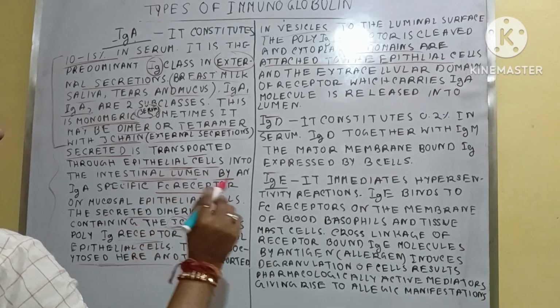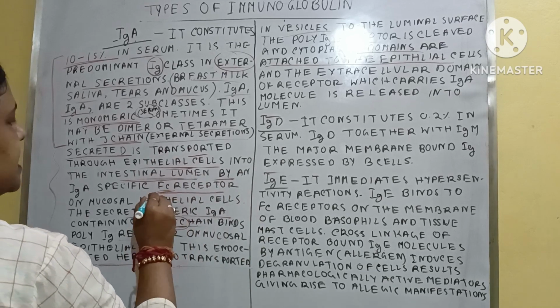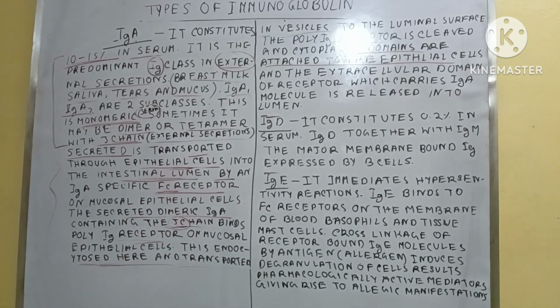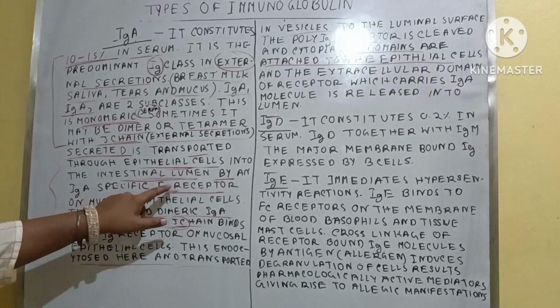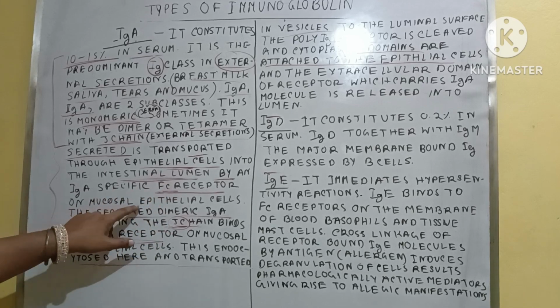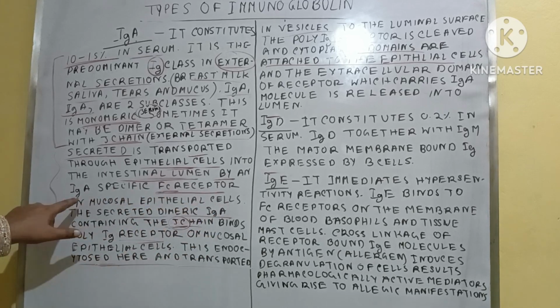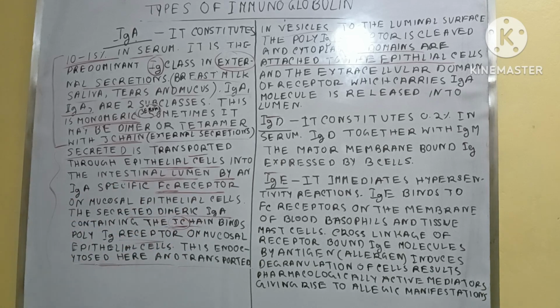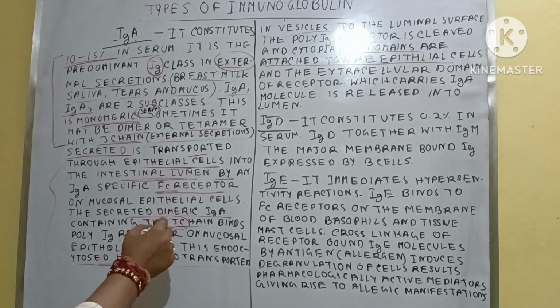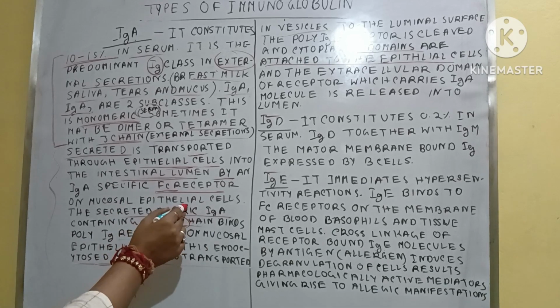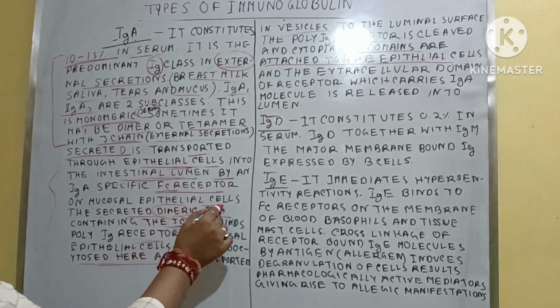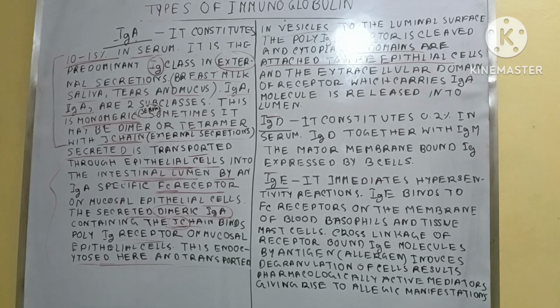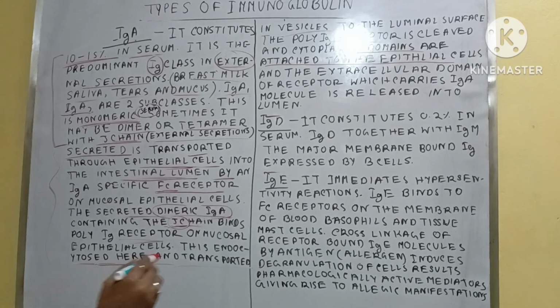By a specific receptor, that is the Fc receptor. This Fc receptor on the mucosal epithelial cells helps in this process. And here is the J chain that is seen in the dimeric form of IgA.